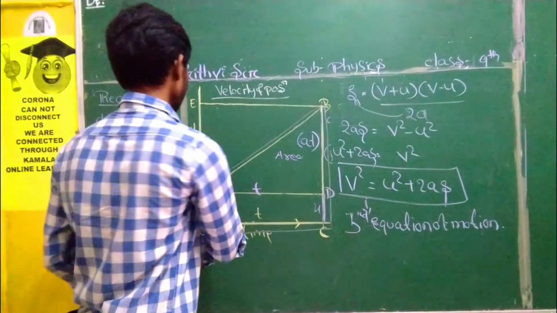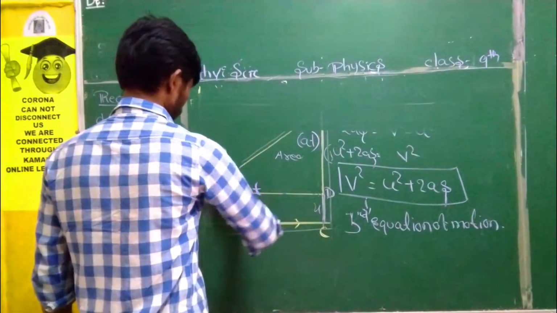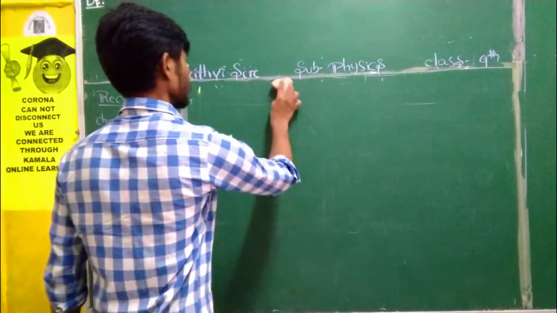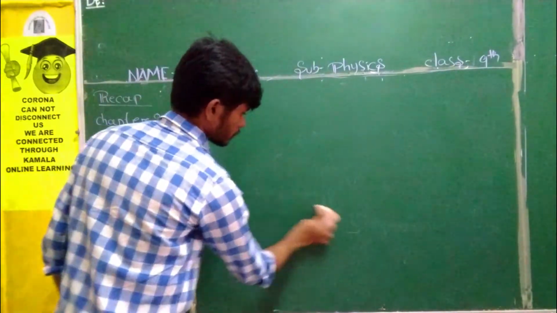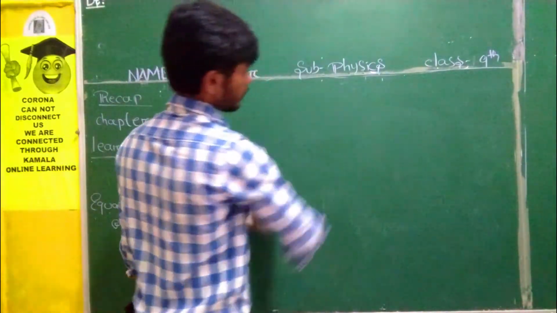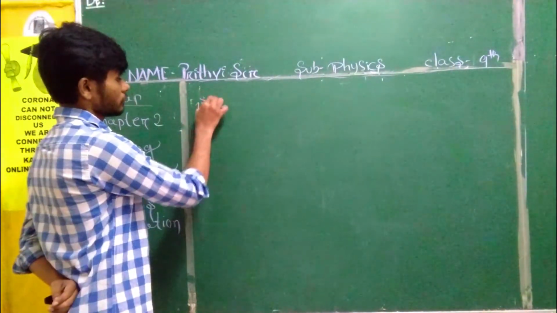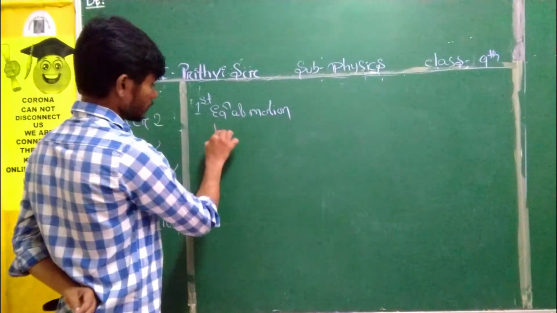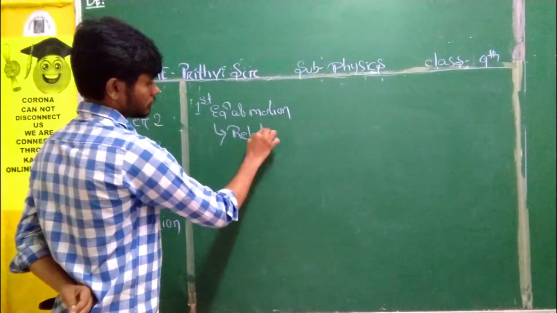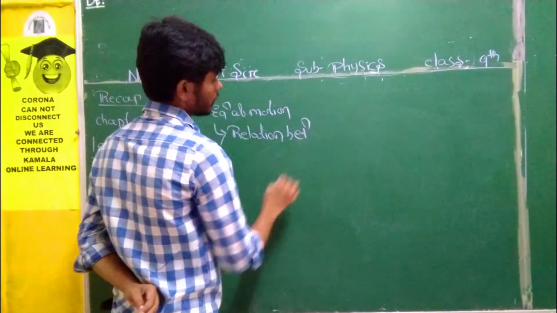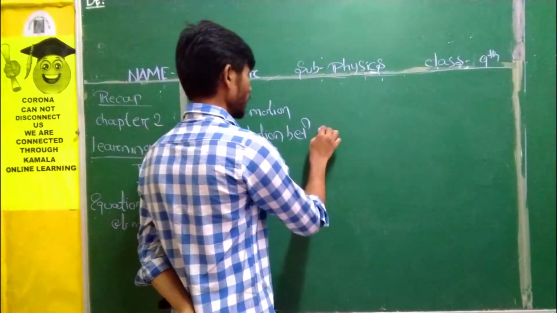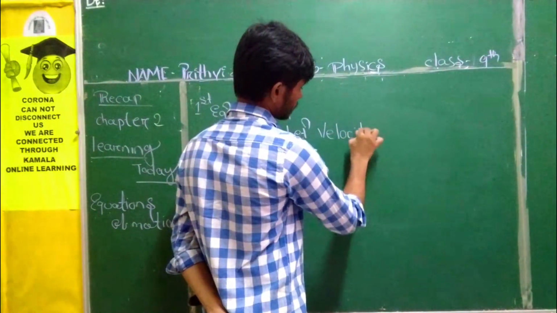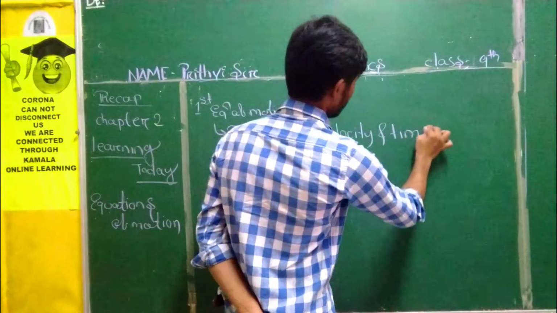So let me write all the three equations. First equation of motion, that is the relationship between velocity and time.